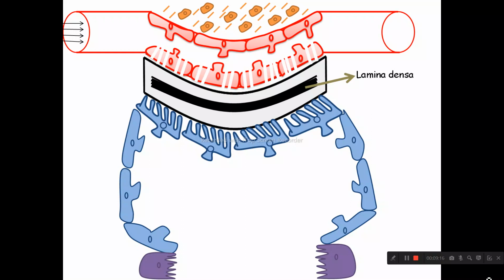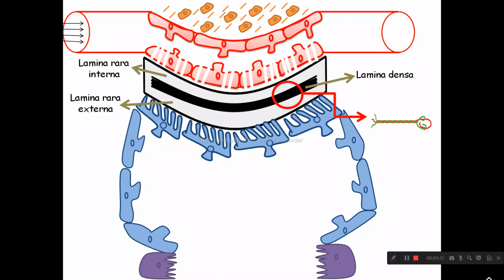The lamina rara towards the endothelial side is called lamina rara interna, and the one towards the epithelial side is known as lamina rara externa. Now let's go into further detail about how exactly the glomerular basement membrane is made. The glomerular basement membrane structure is primarily made up of collagen type 4.